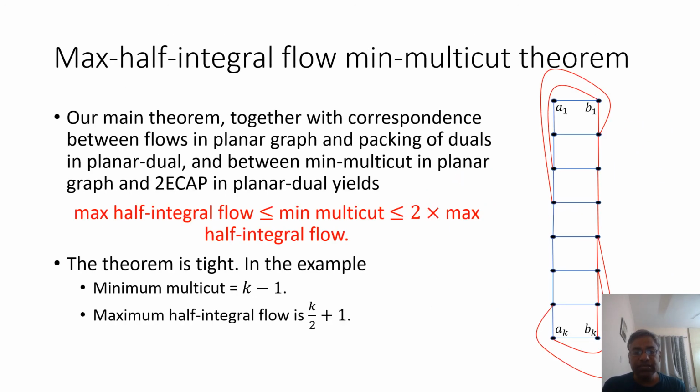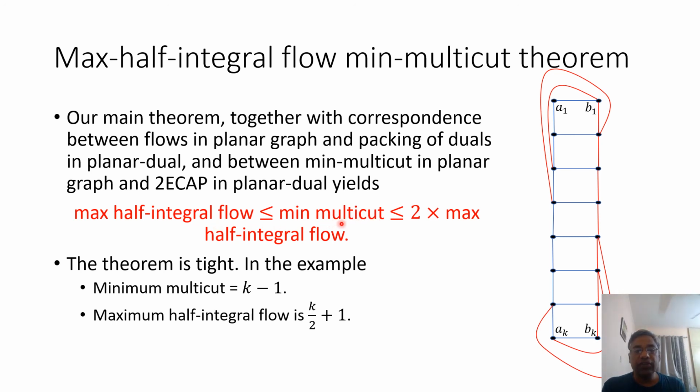And so there's a nice correspondence, and this correspondence together with the main theorem that we prove helps us argue the following. We have built a half integral flow, which is the half integral dual solution that we've built, and the primal solution that we built for the 2-edge connectivity augmentation problem is a multicut.